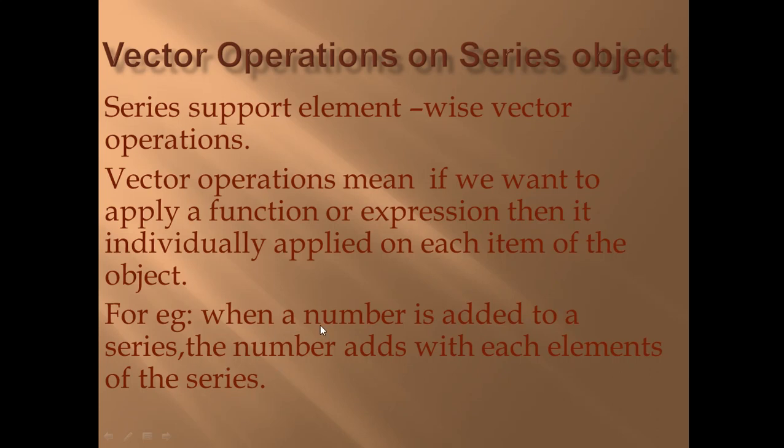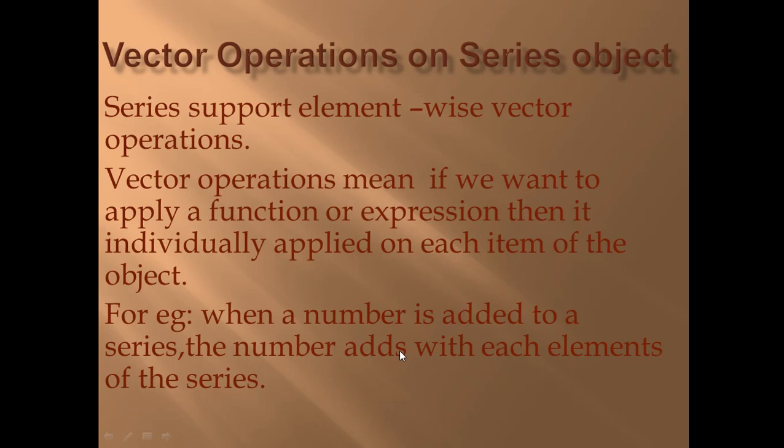It means if we want to add 5, 10, 100, 1000, any number to a whole series, then each element of the series will get added with that number. So vector operations mean each item will individually get added or subtracted, or whatever function we want to apply on the series.